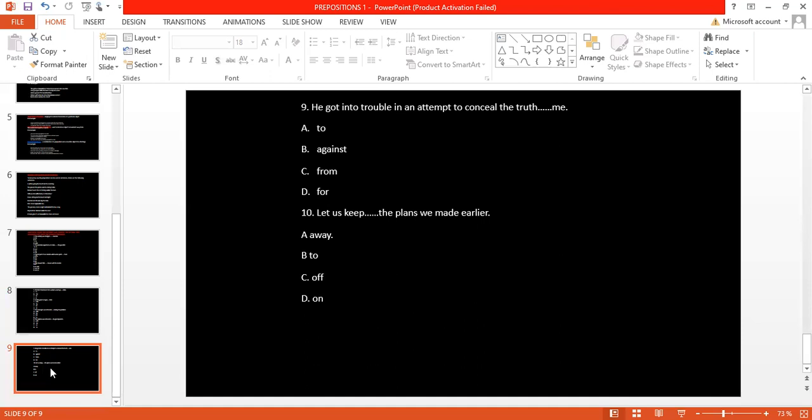Is that clear? So we have looked at prepositions today. We have looked at preposition of time, preposition of location, preposition of space, all right, phrasal verbs that act as prepositional phrases, okay, and all of that. And you can see the way prepositions work.